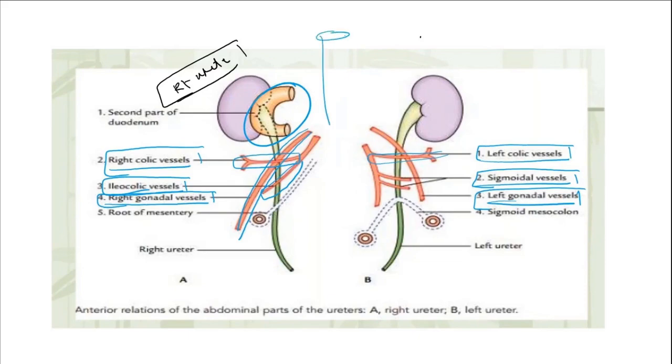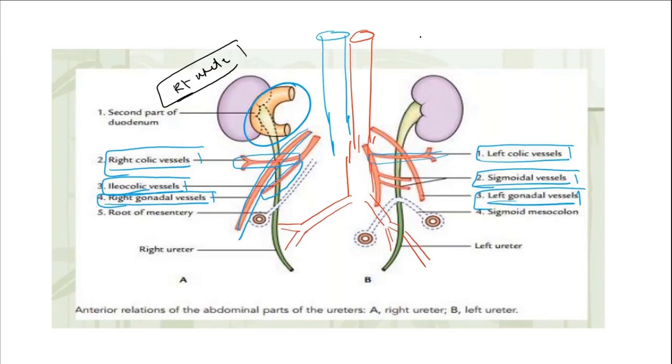So this is the IVC, and then we have the aorta. The common iliac, if I draw here, divides into external and internal. The external iliac artery is running behind the ureter.